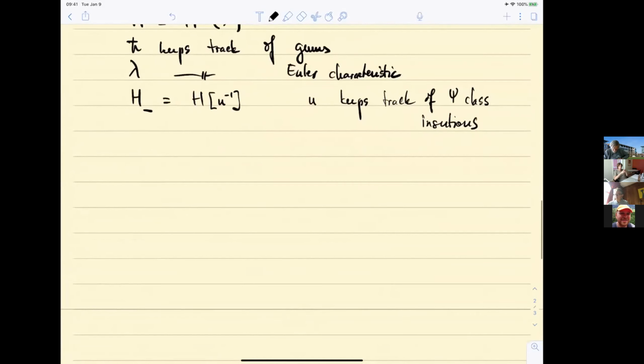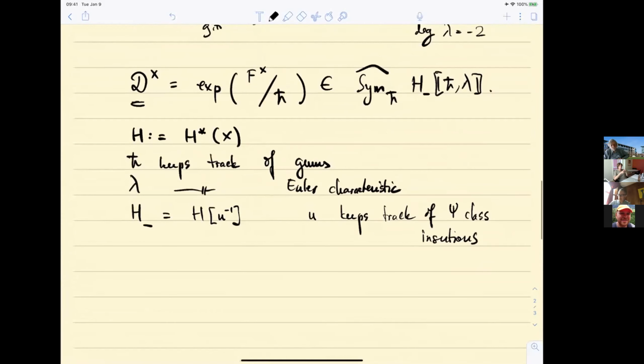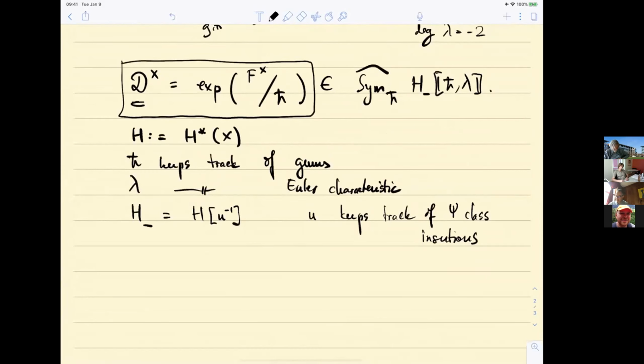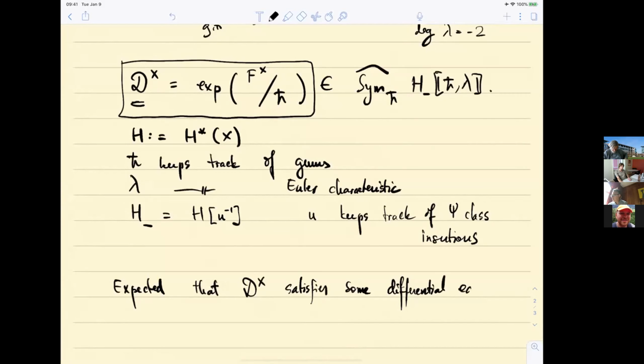So the reason that Givental and Coates constructed this complicated expression is because it is expected, and in Gromov-Witten theory, it is not just expected, it's known, that this D_X satisfies some differential equations, which I'm not going to write right now.